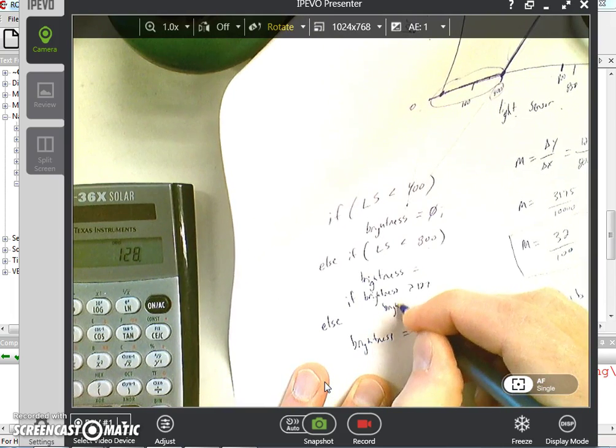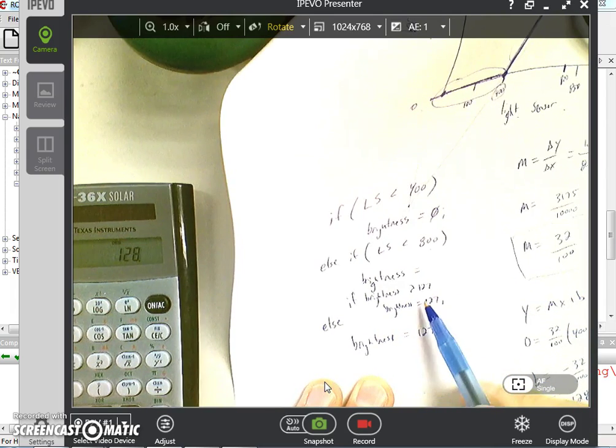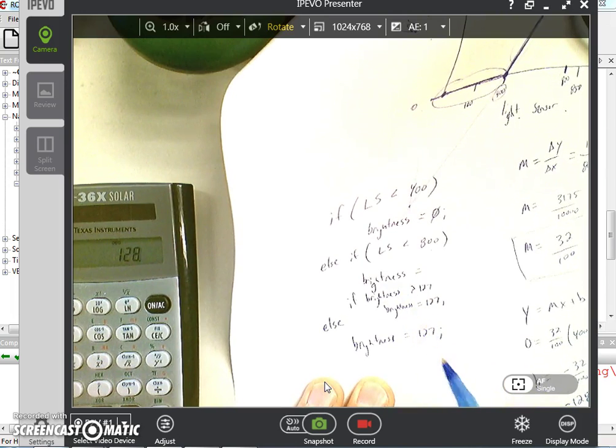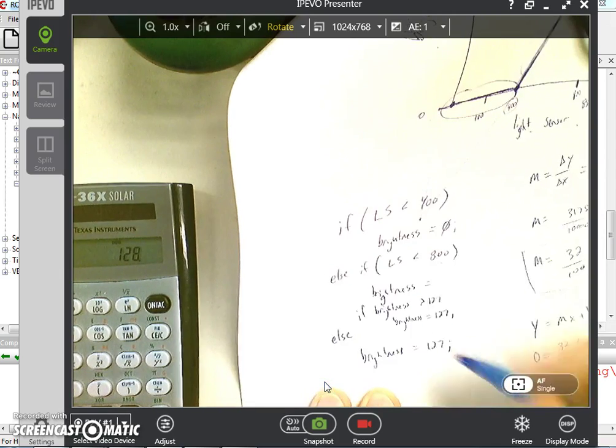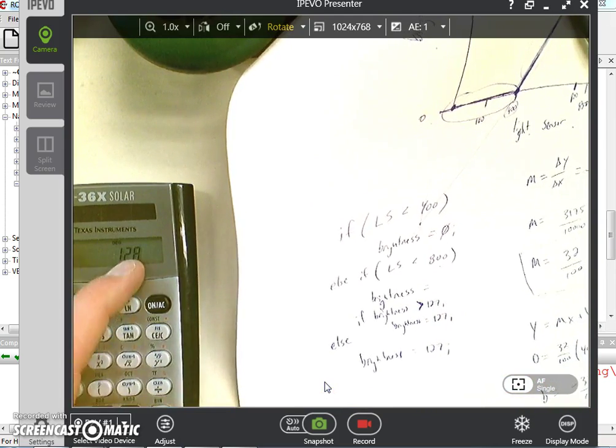We can say brightness equals 127. So that way we have an upper limit of 127 for our brightness, and it won't go beyond that. So that is kind of what we're going to do for this: if it goes above that number, we're going to kick it back down to 127.